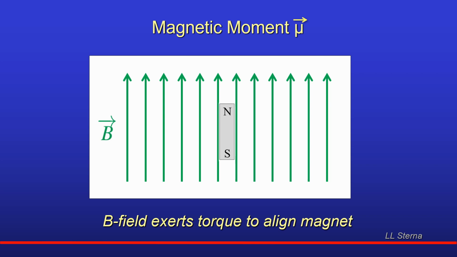Or alternatively, if you know the magnetic moment mu, you measure the torque, you can determine how large is the magnetic field. I said the magnetic moment's a vector. It represents the strength of this magnetic dipole, and it indicates the direction of the magnetic dipole.